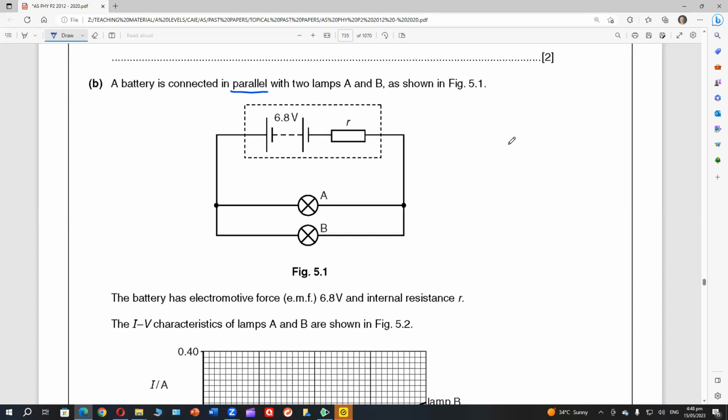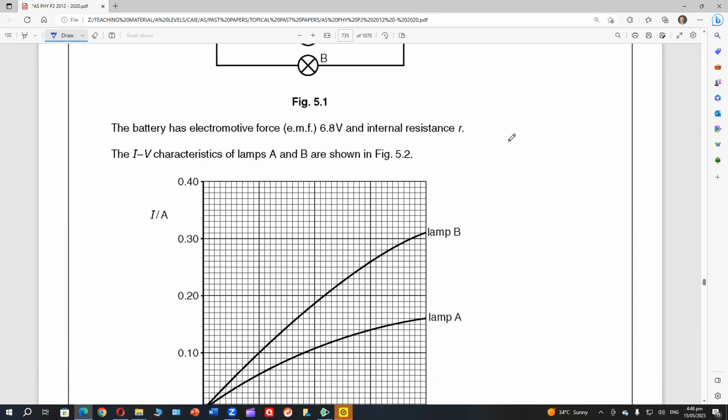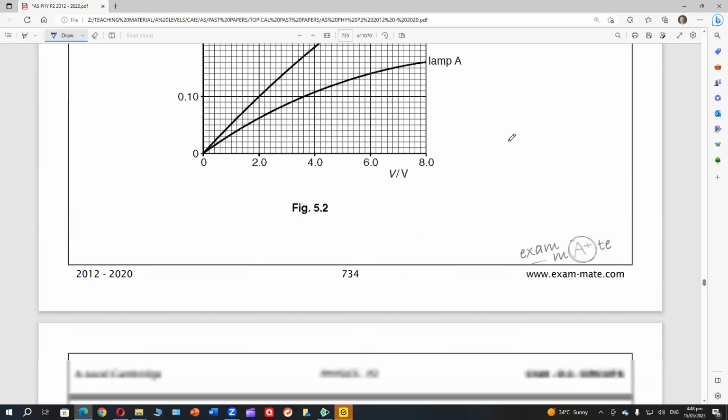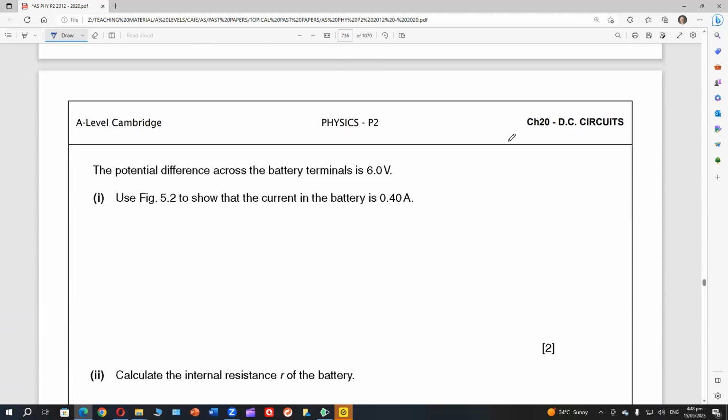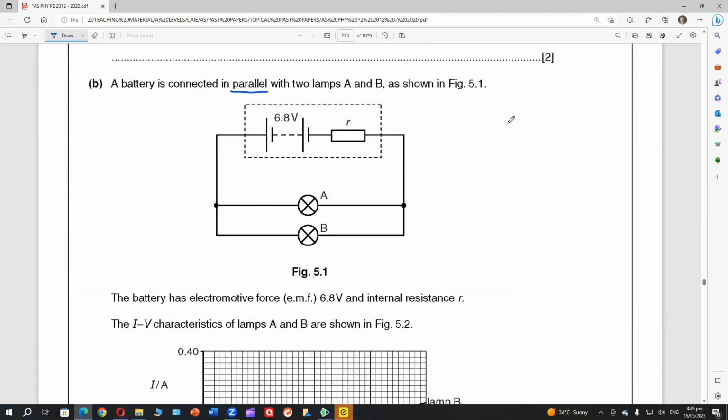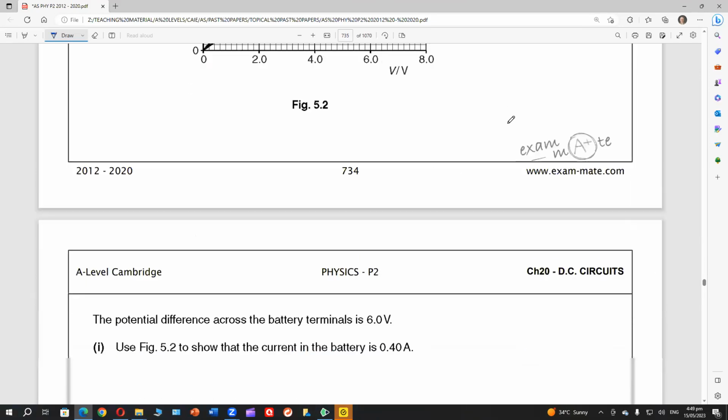The battery has EMF 6.8 volt and internal resistance R. IV characteristic of lamp A and B are shown. There are 2 graphs. The PD across the battery terminals is 6 volt. Acha, some voltage is lost across the internal resistance.